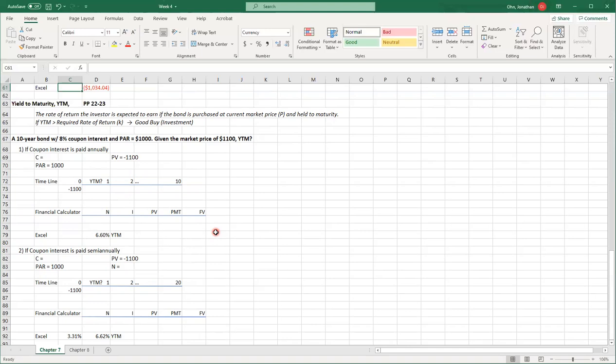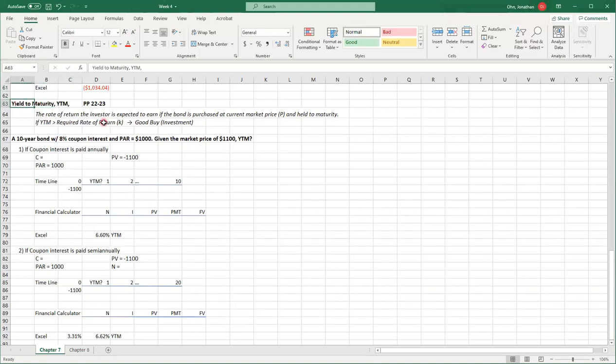You invest your money in bonds that are traded in the market, and you pay the market price. That was your decision. So if you buy this one at the current market price, what would be your expected investment return? That one is called yield to maturity.